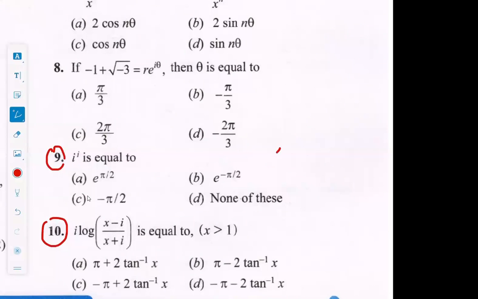So you can say iota is e to the power i pi by 2. Can you say the base iota is e to the power i pi by 2? What is e to the power i pi by 2? Cos pi by 2 plus i sin pi by 2, which is nothing but i. So if you multiply this one, you will get i square is minus 1. So you will get e to the power minus pi by 2.